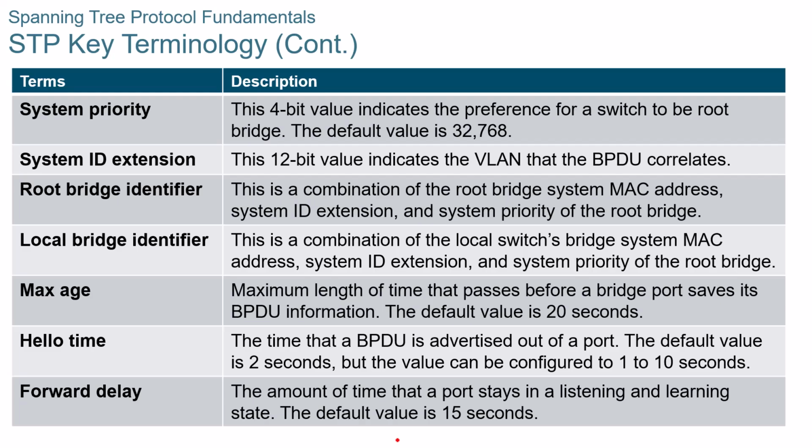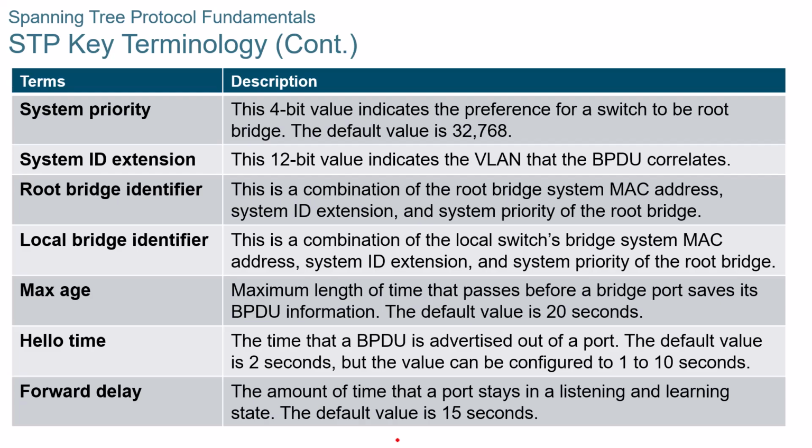We have our root bridge identifier. This is the combination of the root bridge system MAC, the system ID extension, and the system priority. You're going to start seeing the system priority, the VLAN, and the MAC address all play a key role in helping to identify the root bridge.